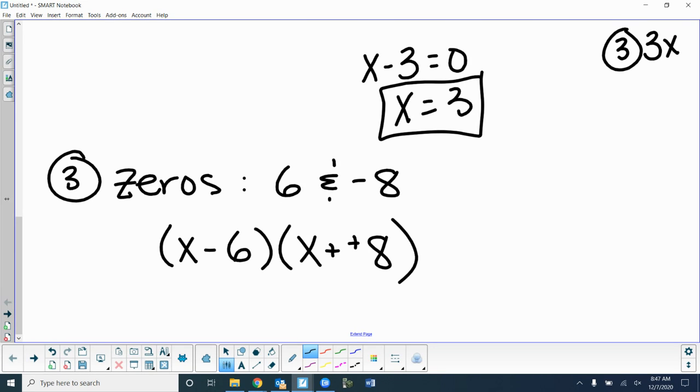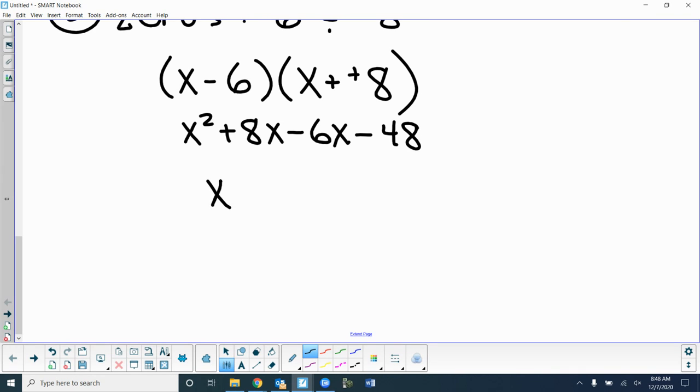And then to get back to the function that goes with this, how do I multiply them? FOIL them, right? So the first is x times x. Outside is x times 8. Inside is negative 6 times x. And last is negative 6 times 8. Combine like terms.